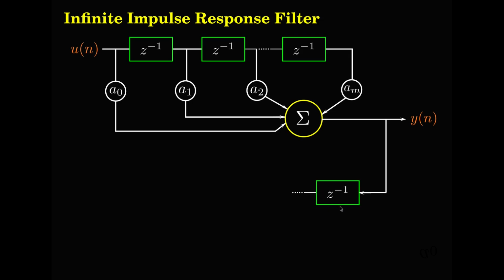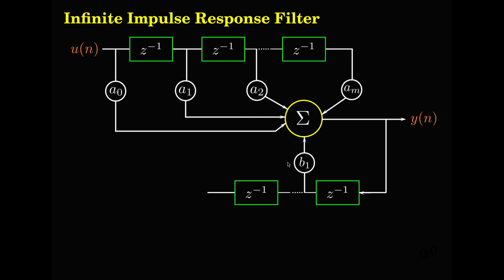So I'm going to take this signal yn, delay that through a z to the power of -1 block, and then I can put a series of delays to the signal that I am going to feed back from the output, and then I will scale each of the nodes, just like I used A0, A1, A2, AM as the scalars for the feedforward delay blocks.